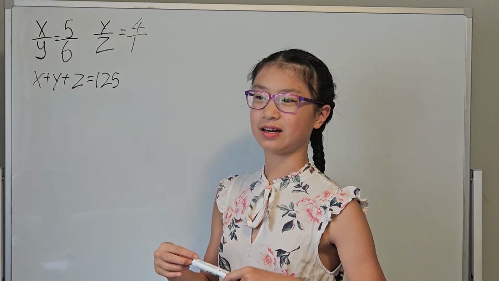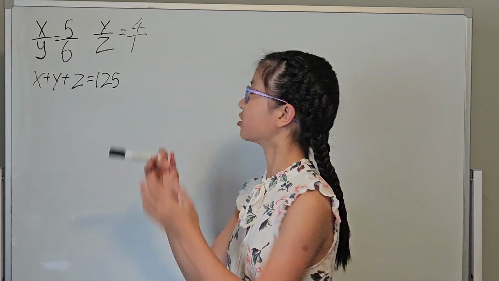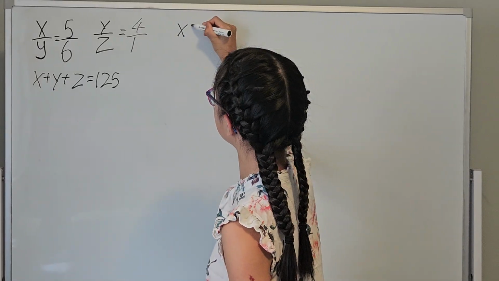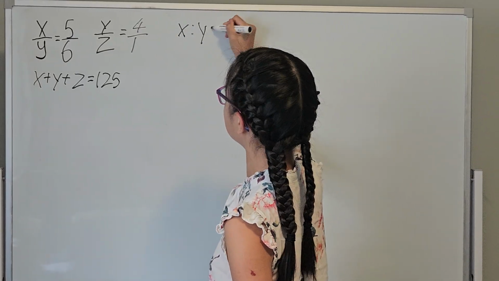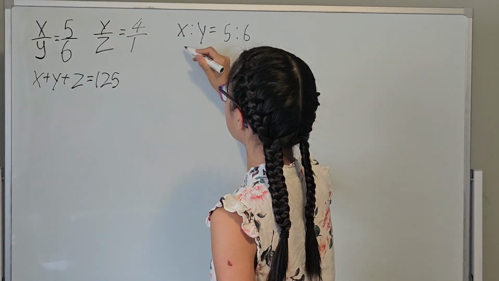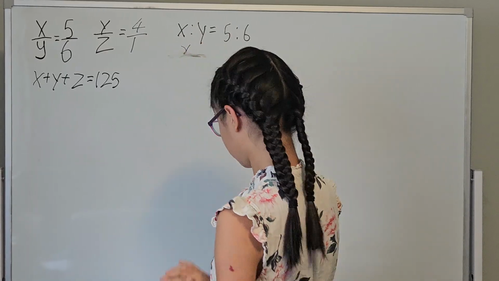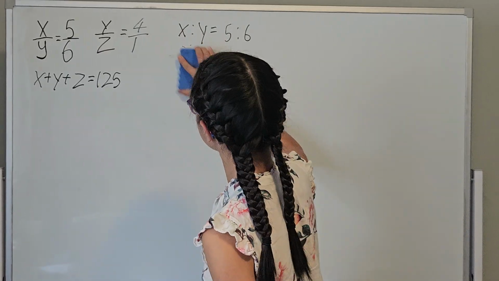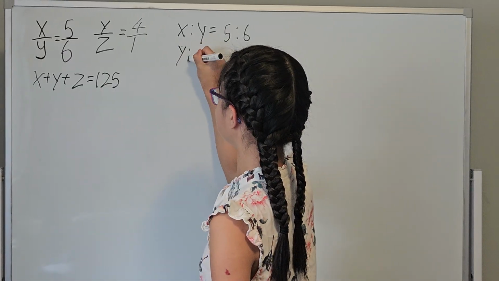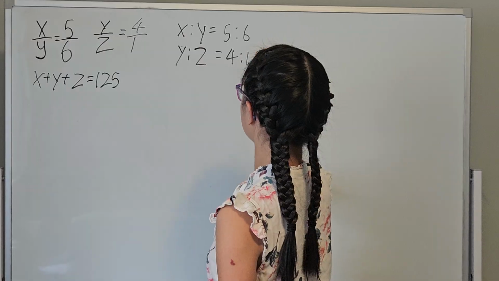So there is a really simple way to solve this, which is we can turn the fractions into the ratios, which means x to y equals 5 to 6 and y to z equals 4 to 1.